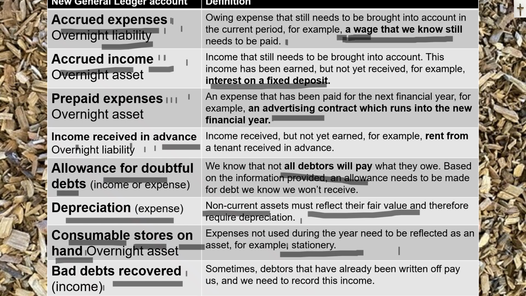And if they paid us, it would be like this: debit bank, increase in assets, and we will credit bad debts recovered, increase in income, the amount. It will have nothing to do with the debtors account in the accounts receivable ledger or debtors ledger.